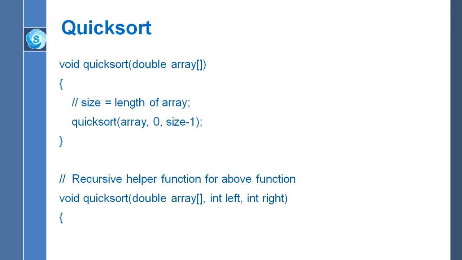But first let's look at the Quicksort function above that, the 1-parameter Quicksort. I just point out that this is a very simple thing. This is a non-recursive function that uses the 3-parameter recursive function to sort the entire array. What I'm doing here is assuming that size has already been set previously, as a global variable, to equal the length of the array.